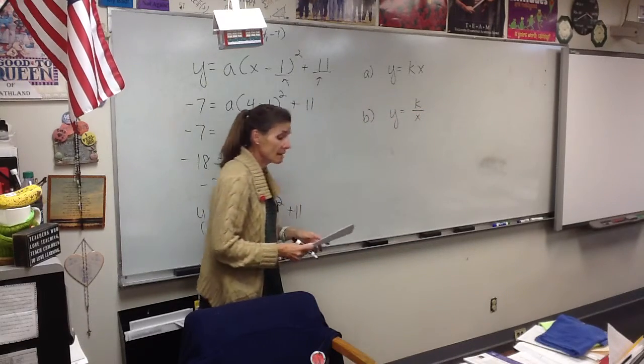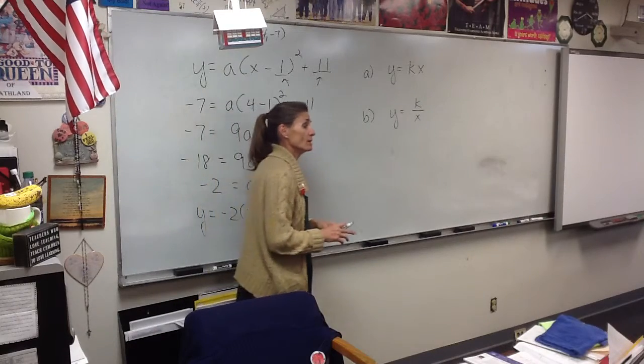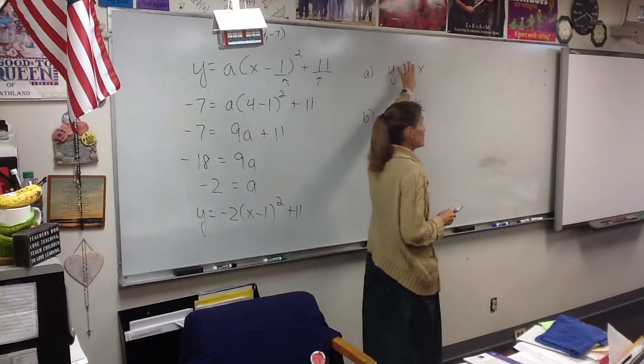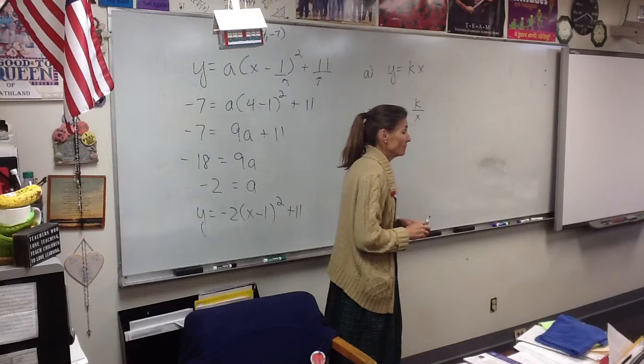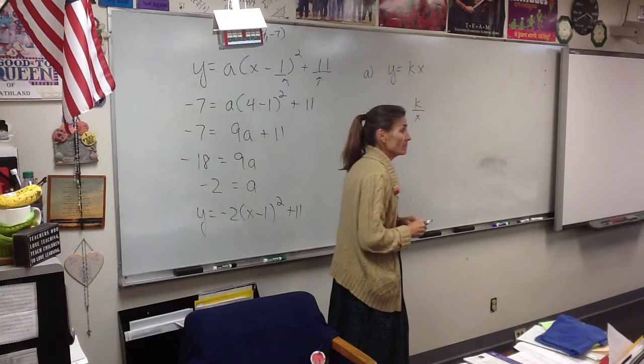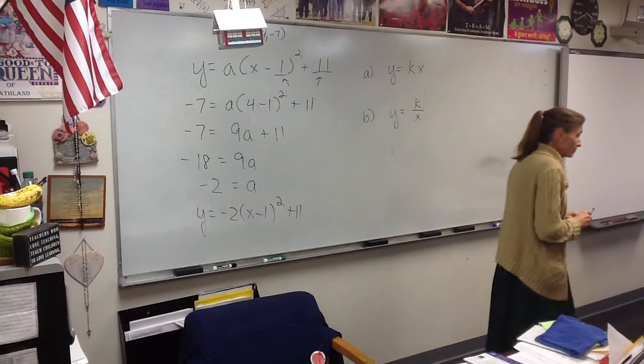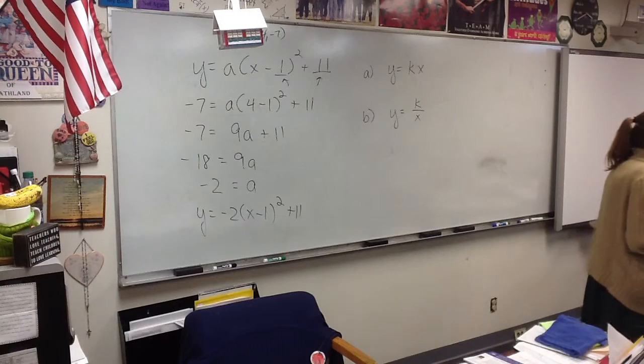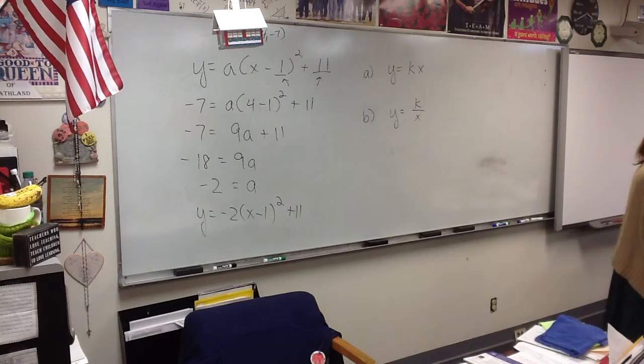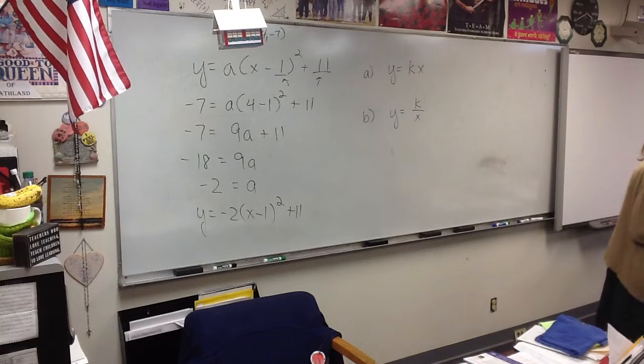Now let me give you an example so you kind of understand the difference between direct variation and inverse variation. Okay? Harry and I go to the store. We're both going to buy some bananas. Harry buys 3 pounds of bananas.